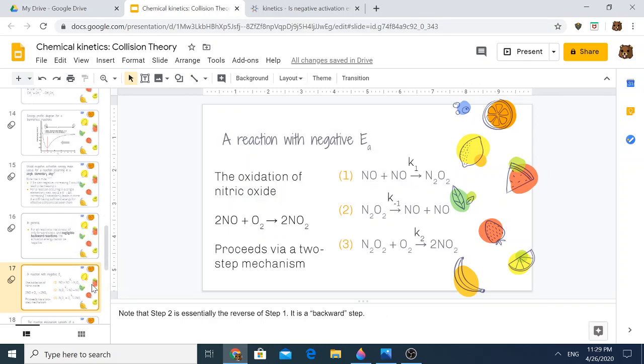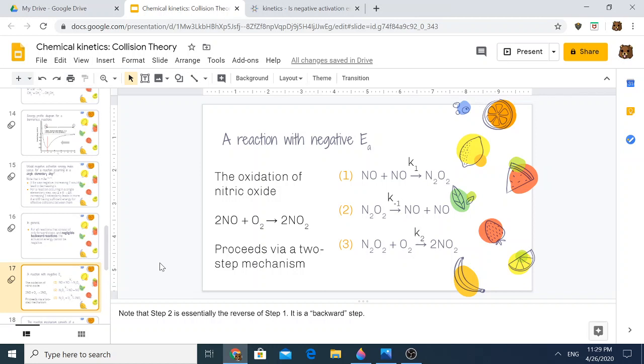So let us consider the following reaction: the oxidation of nitric oxide NO by oxygen to produce NO2. I will now tell you straight up that it has a negative activation energy, and I will show you how that can be possible. This reaction proceeds by a two-step mechanism.